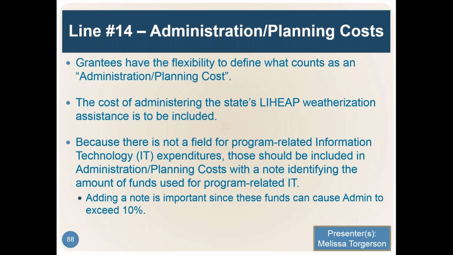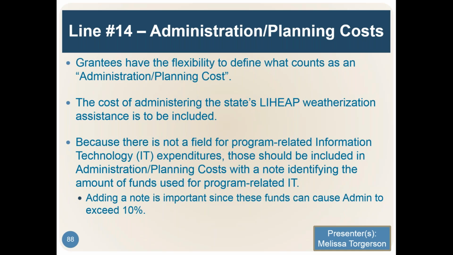So there's not a separate field for program-related information technology expenditure. For many states, part of their IT expenditures are program-related and part of them are administrative. And so what we have states do is put all of their IT costs in the admin line, and put a note in the notes field that X amount is dedicated to program-related IT.